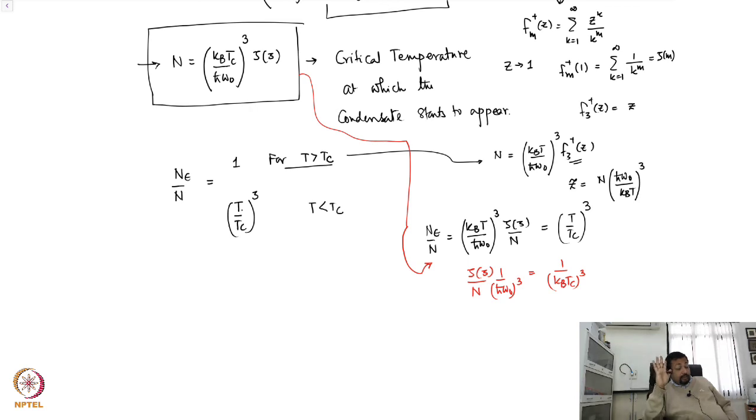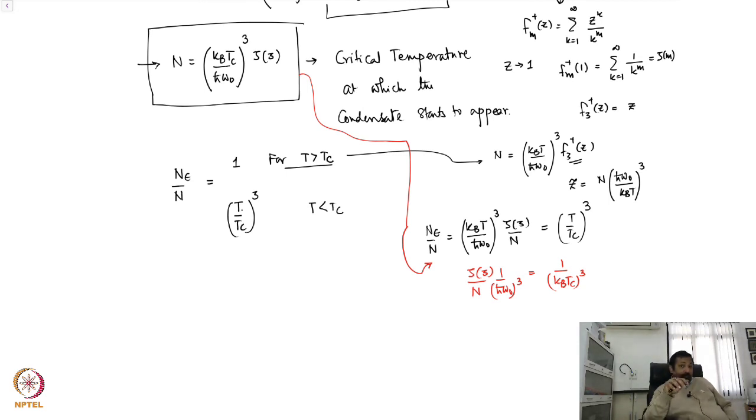Then the total energy was volume times Km raised to the power D times kBT, because each of these particles carries thermal energy kBT. But this Km raised to the power D follows from the density of states.